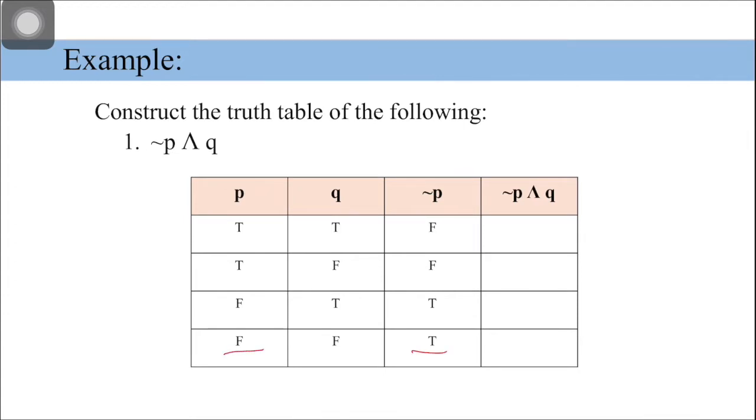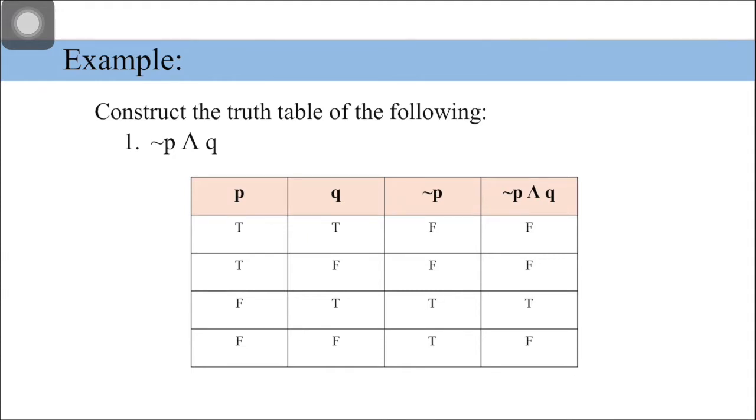So now, we can operate the negation of P to the Q. We will AND them. So, P and Q: when will this be true? It is only true if the two constituent sentences are true, meaning the antecedent and the consequent are both true. Otherwise, it is false.